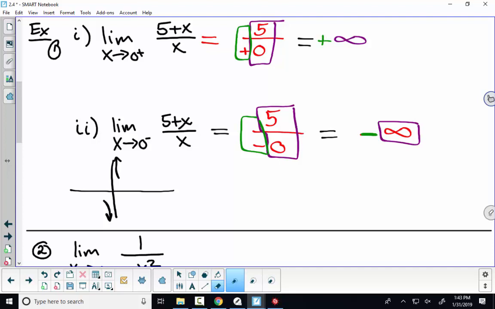Right, it would approach positive infinity. Again, if our numerator was approaching negative 5 in this example, the negative here and on the bottom would divide out to give us a positive infinity. So it's not always that when I approach 0 from the left, I approach through negative values. It really depends on the function itself.